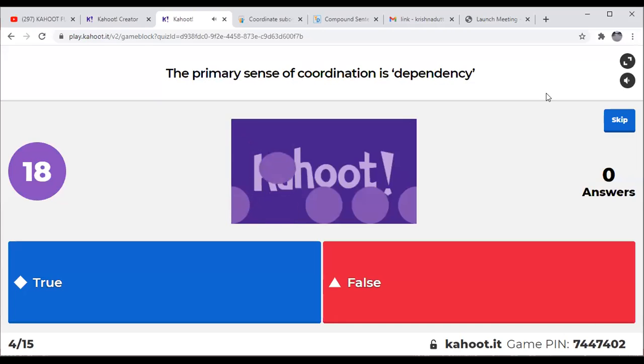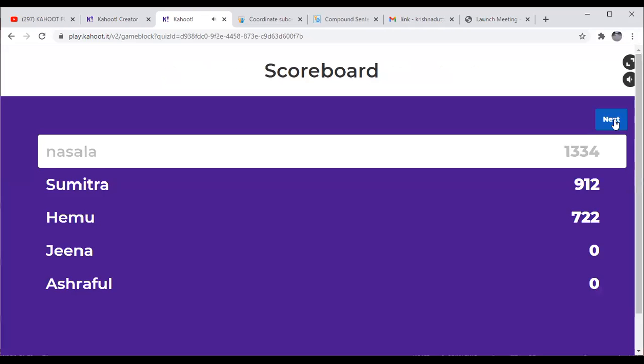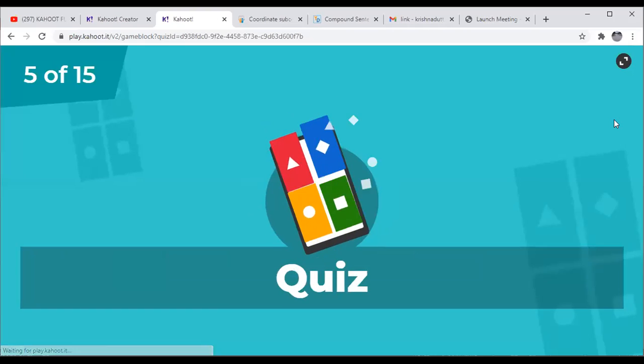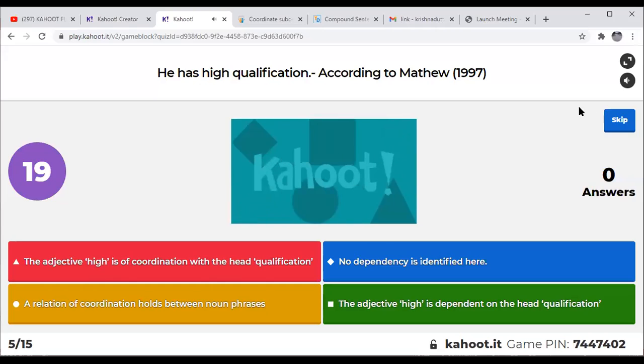The primary sense of coordination is dependency. True or false? Five correct answers. Sumitra ji is now on top. Okay, so next. He has high qualification.